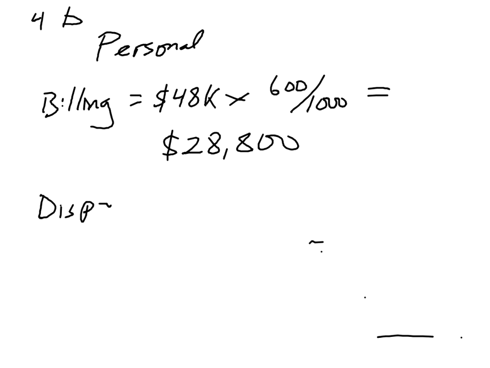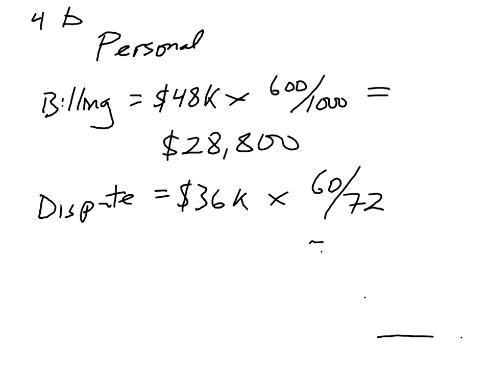All right, and then for disputes, there was $36,000 in cost incurred by dispute resolution, and the personal line took up the vast majority of it because there were 60 disputes and there were 72 total. So again, the vast majority of disputes come to the personal department. So 36,000 times 60 over 72, and you get 30,000.